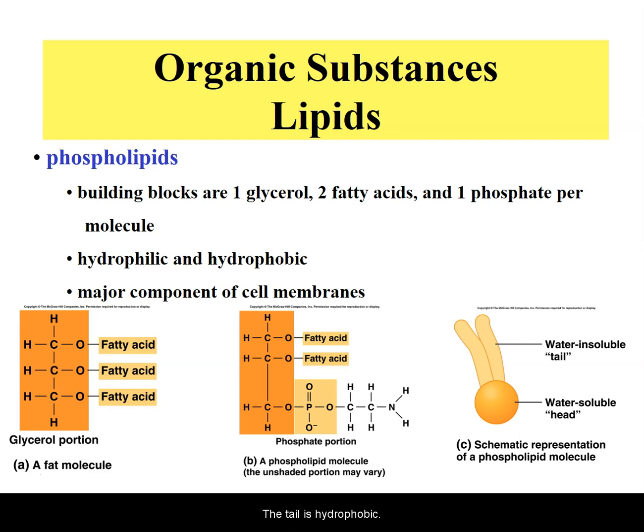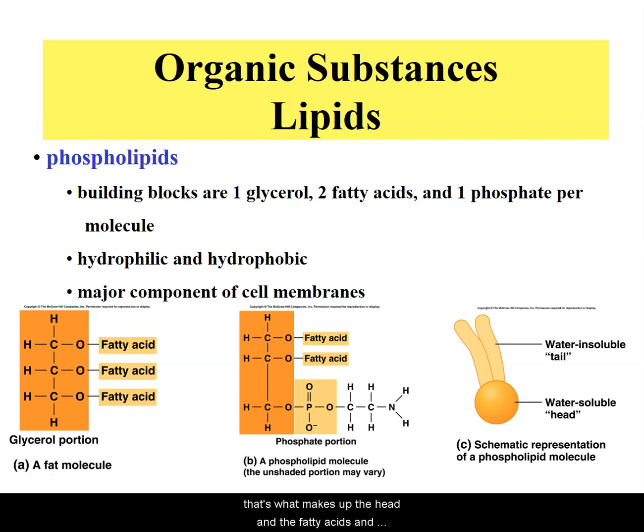The tail is hydrophobic. To translate that, it means it's afraid of water, and hydrophilic is water soluble. It allows water to go through. So the tail is hydrophobic and the head is hydrophilic. So the phosphate group is water soluble, and that's what makes up the head.